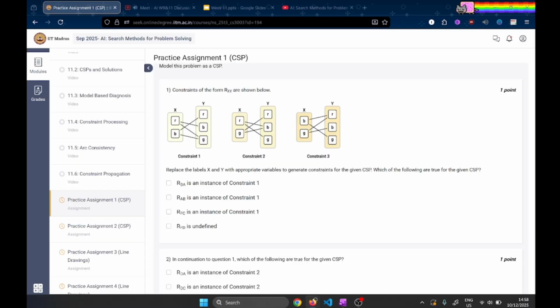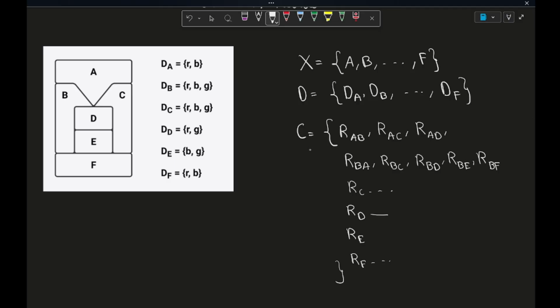We can try to enumerate values of R subscript AB. We can write it as red and blue, red and green, like that.